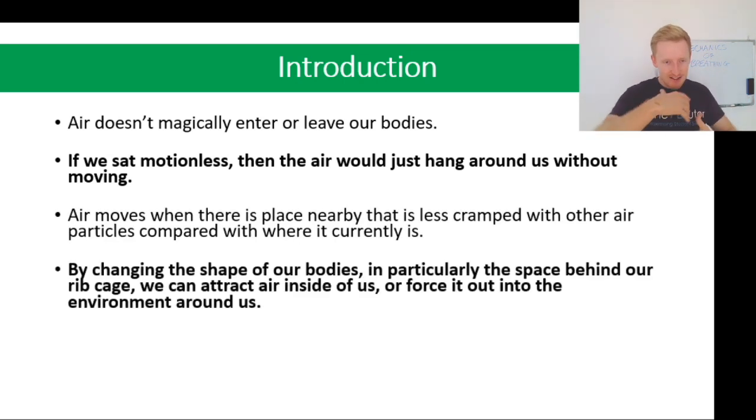So it's certain movements that cause things to change inside of our body, which leads to the outcome of air coming in or out of our body. And it's to do with changing the shape of our rib cage, of our thoracic cavity, by moving, pulling and pushing our lungs into different shapes and sizes. It's that which leads to air coming in and out.